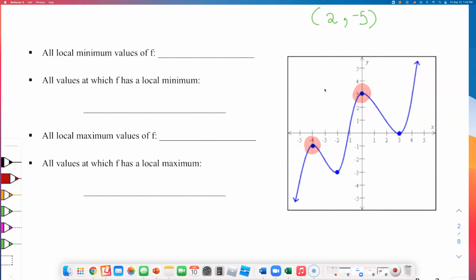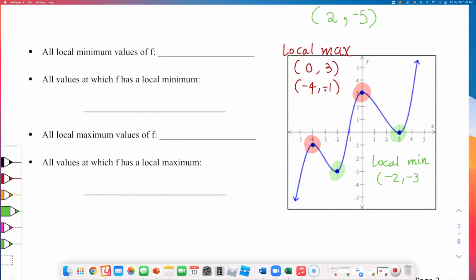So these are local max, and this point is at 0, 3, and this point right there is at -4, -1. All right, how about the local minimums? I have a local minimum down here, and I have a local minimum over there. So local min, the first ordered pair is -2, -3, and this one is at 3, 0.